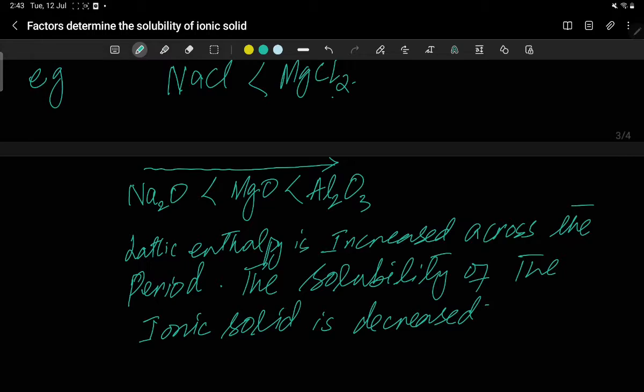So it means sodium oxide is more soluble than magnesium oxide, and magnesium oxide is more soluble than aluminum oxide. Aluminum oxide is almost insoluble in water, because aluminum oxide has higher lattice enthalpy.